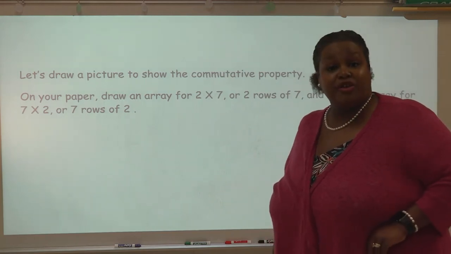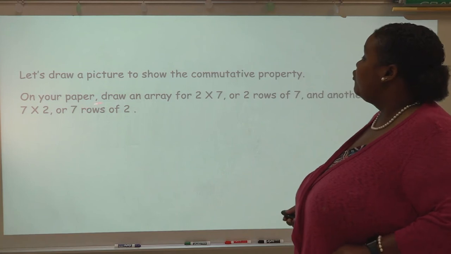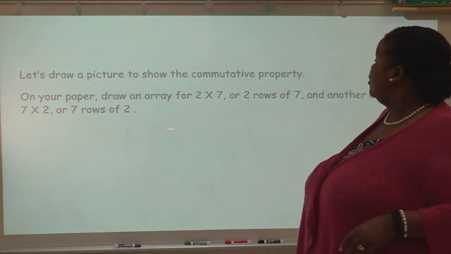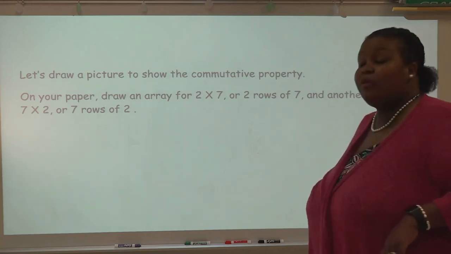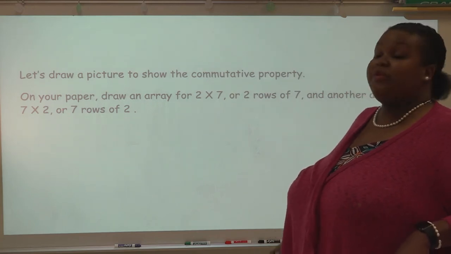Let's draw a picture to show the commutative property. On your paper, draw an array for 2 times 7, which is 2 rows of 7, and another array for 7 times 2, which would be 7 rows of 2.